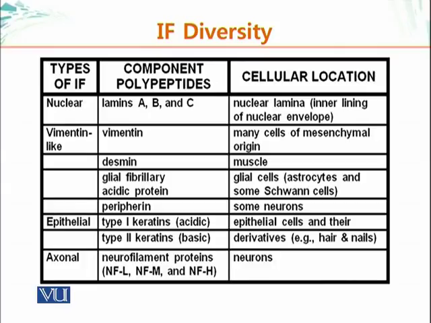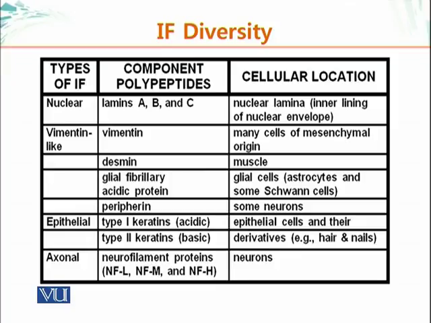Glial fibrillary acidic protein is also a vimentin-like intermediate filament. They are found in glial cells, astrocytes, and some Schwann cells. Peripherin is found in some neurons, along with other types of intermediate filaments.